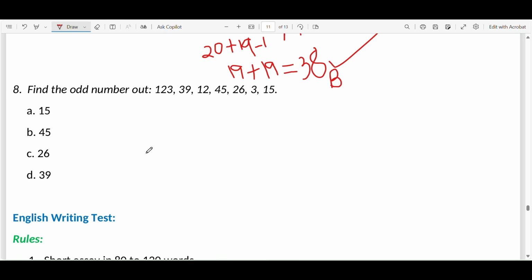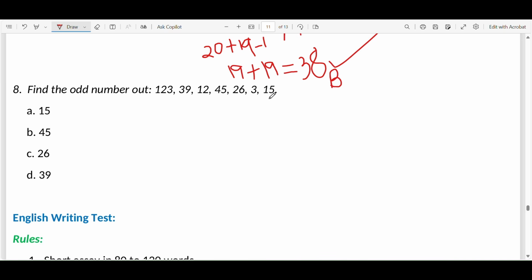So find out the odd number here. The numbers are 123, 39, 12, 45, 26, 3 and 15. What is the odd number here?